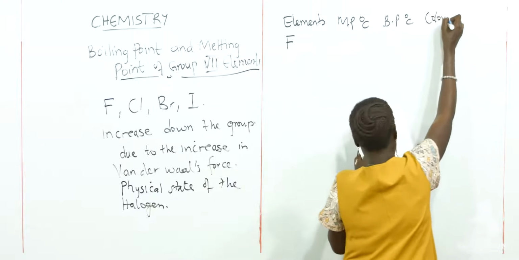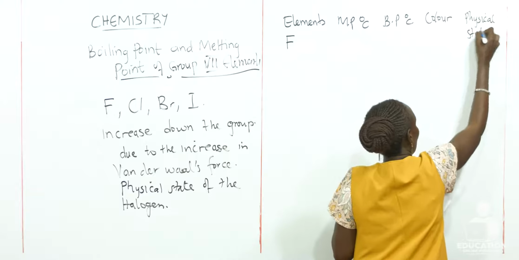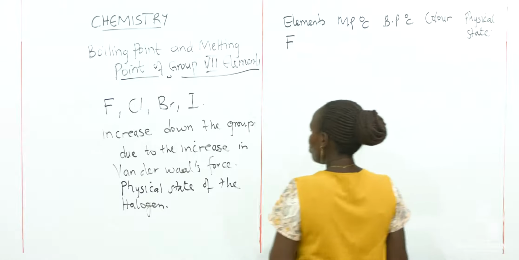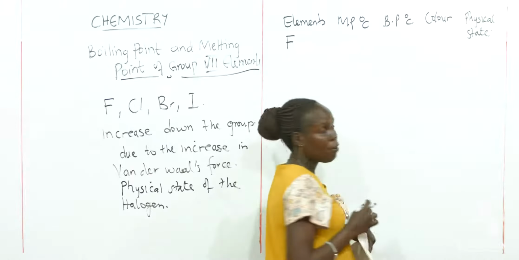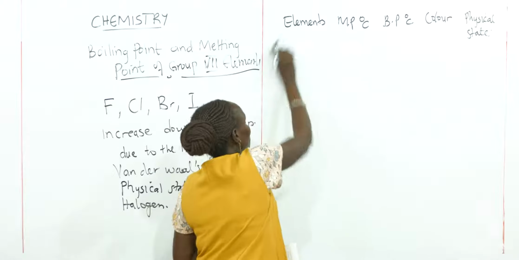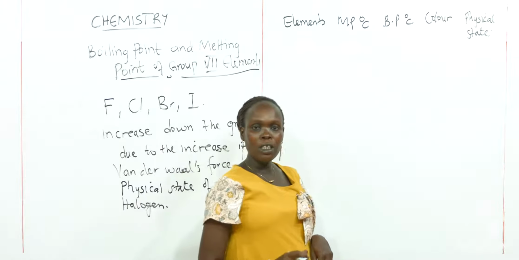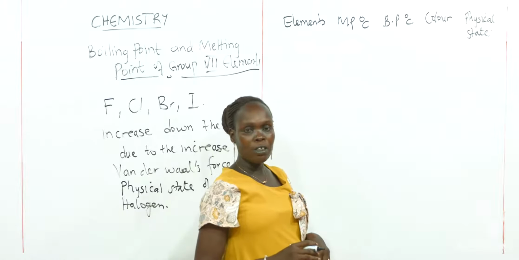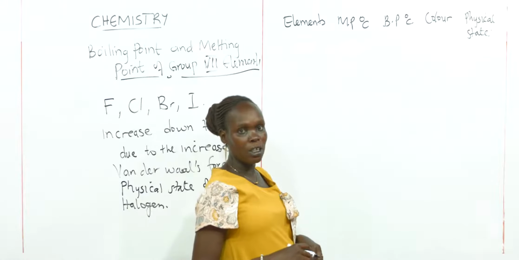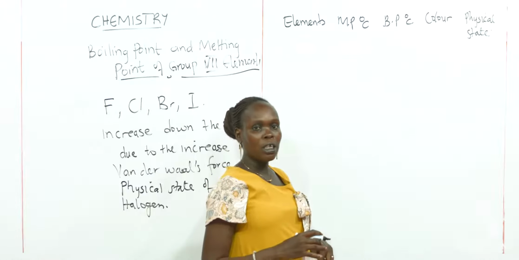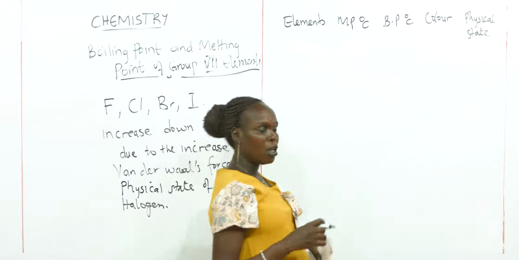So we are going to see the changes which are brought about by the van der Waals forces. The boiling point and the melting point increase with the increase in the strength of the van der Waals force, and this also causes changes in the physical state.